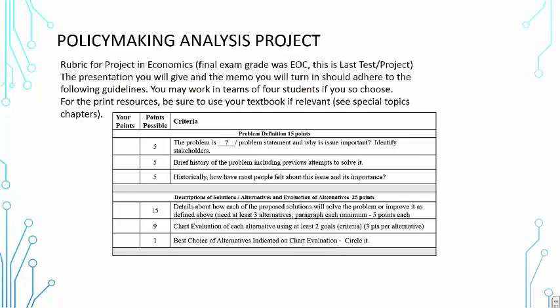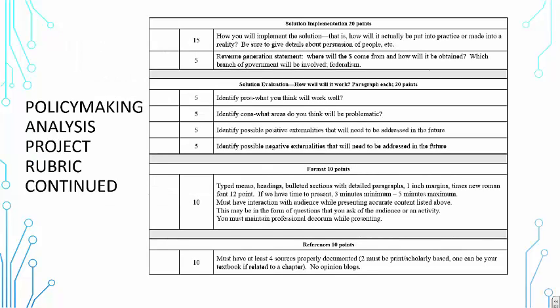Here is the first part of the rubric that I use for the policymaking project. Here is the second part of the rubric that I use for the policymaking project. Depending upon when our senior finals are, we sometimes have presentations and sometimes do not. When they do present, I have them detail the problem, then describe their solution, how it will address the issue, and evaluate their solution.